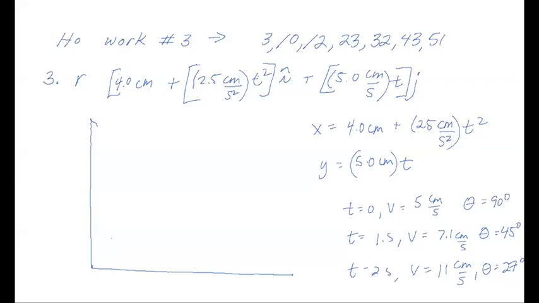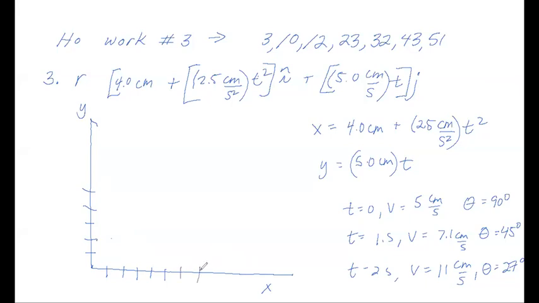For the next part, sketching the trajectory, that's going to be the X and Y graph. What we see on the computer screen is going to be X versus Y. The slope is going to be the velocity, so we're going to use all those values we calculated.